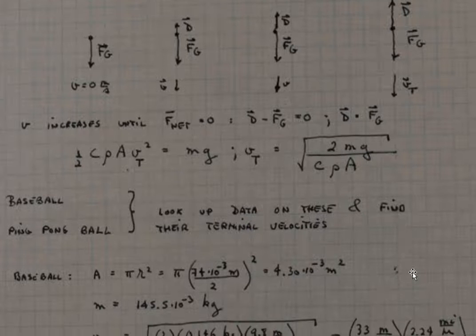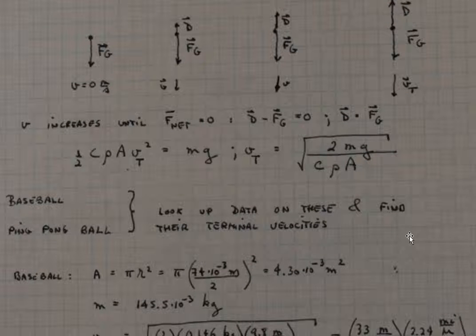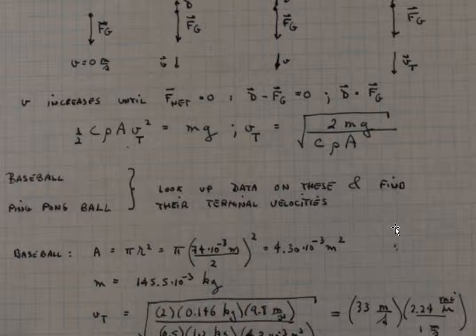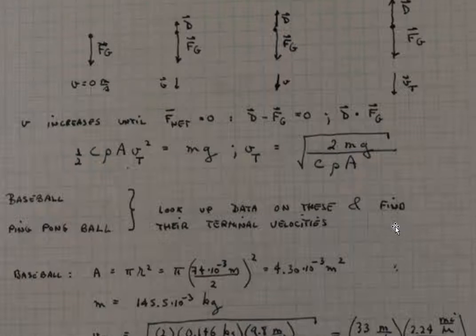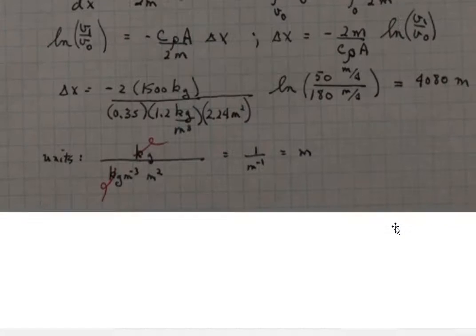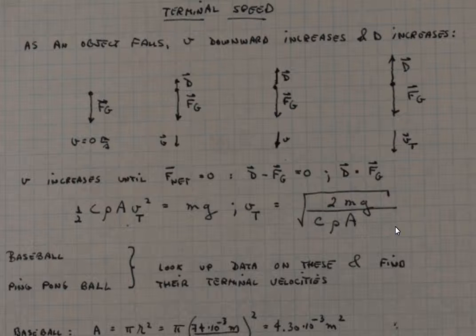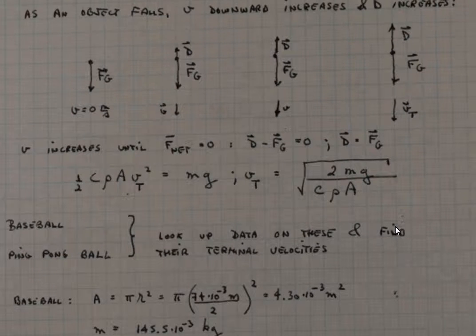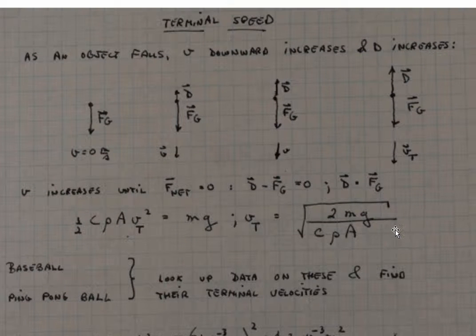What's interesting here is we can take two quite contrasting objects, a baseball and a ping pong ball. I'd like you to look up the data on these two objects, and compute what the terminal velocity is for a baseball and for a ping pong ball.